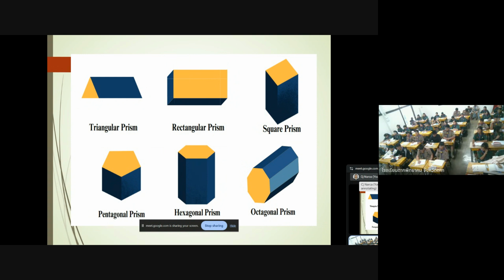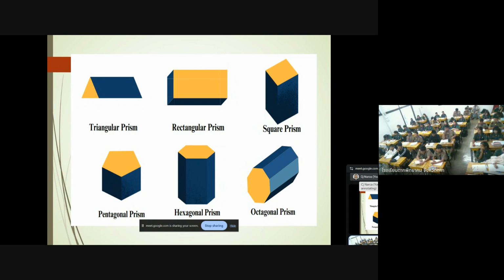Okay, repeat after me. Triangular. Triangular because the base is triangle. Another type of prism is rectangular because the base is rectangle. Repeat after me. Rectangular. Next is square prism, or we can call it a cube.